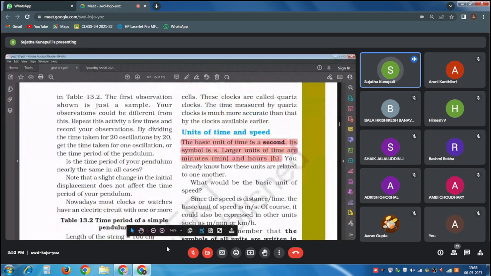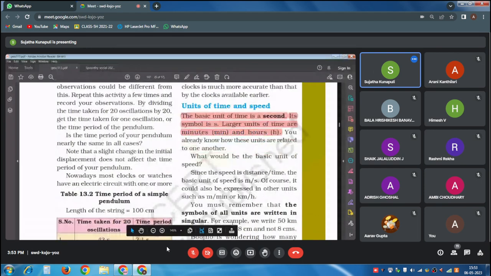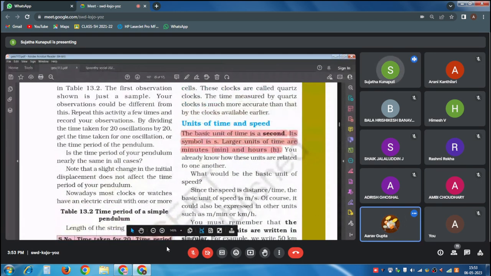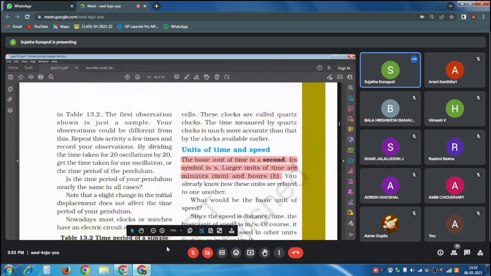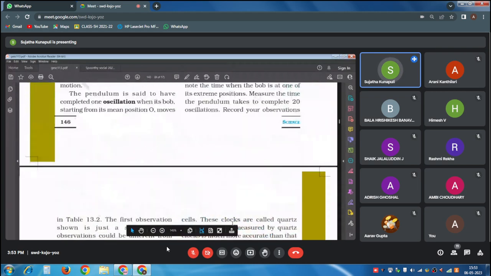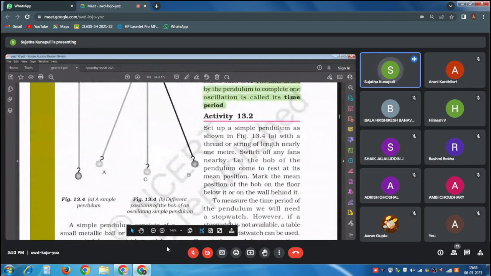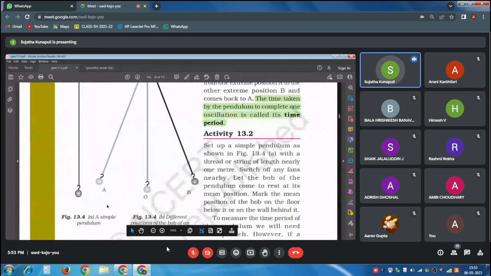So understood what he is telling. This activity is not that important, but what you have to understand is that this to and fro movement of the pendulum is important. In this to and fro movement, the time taken by the pendulum to complete one oscillation is called the time period.